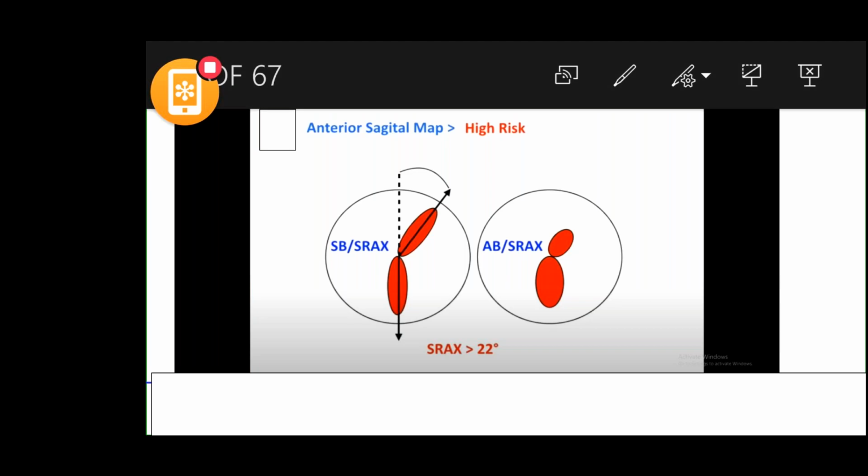Now, when you're looking at the risks over here, again, which are the risky corneas? And what are we talking about when you're talking about risky corneas? We're talking about keratoconus. If the patient has keratoconus, or the patient has subclinical keratoconus, which is also called forme fruste.